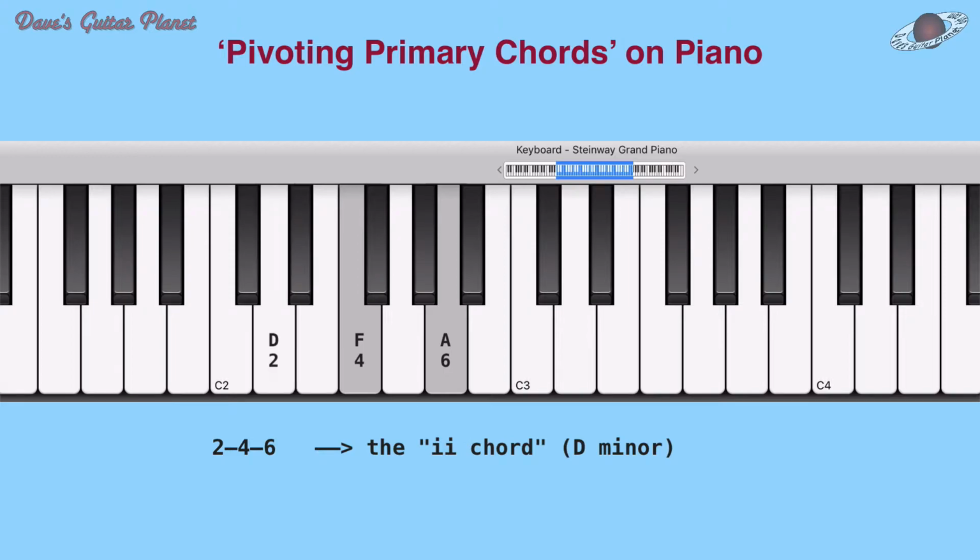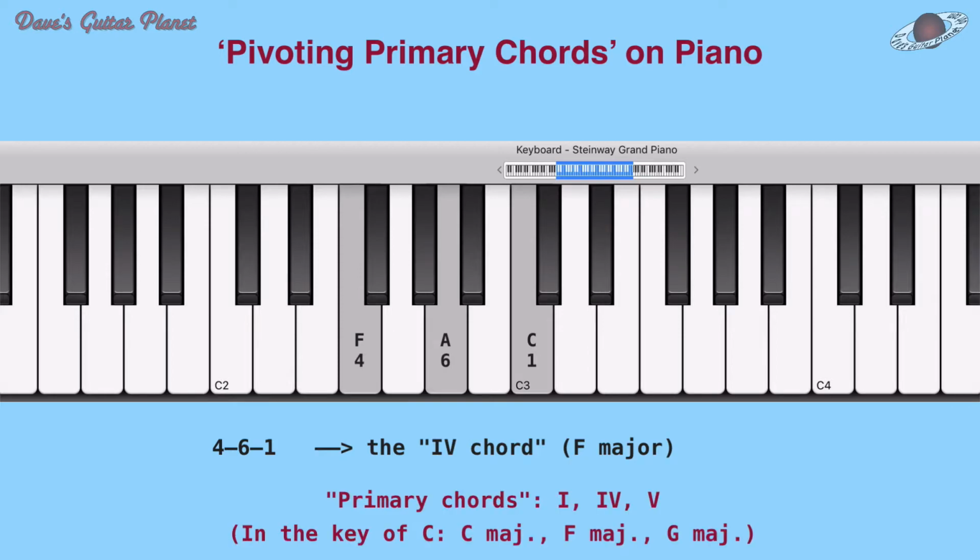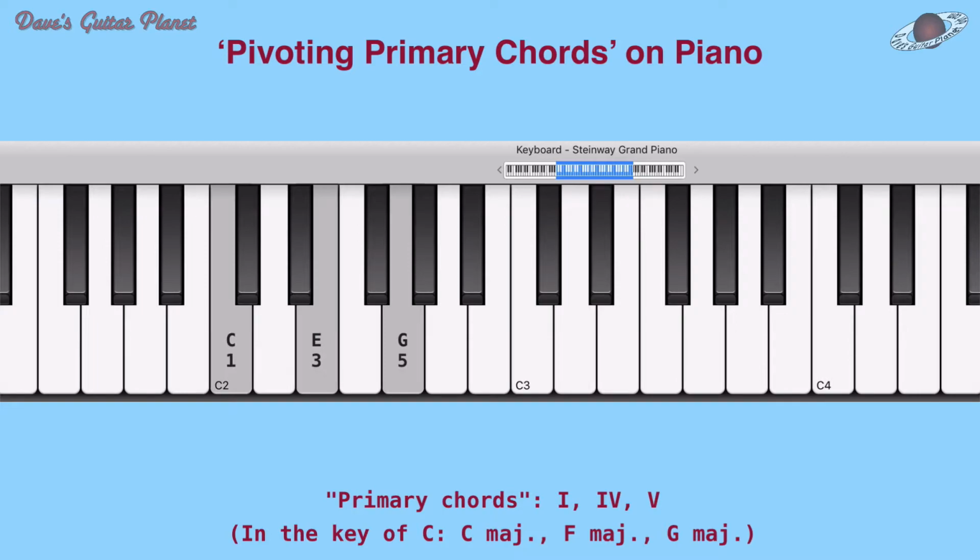Play every other note from D, the second note of the scale, and that makes a 2 chord. From the third note of the scale, E, is the 3 chord. From the fourth note of the scale, F, makes a 4 chord. That's also one of the primary chords besides the 1 chord, C. Okay, F is the 4 chord.